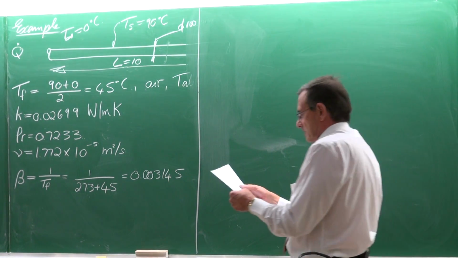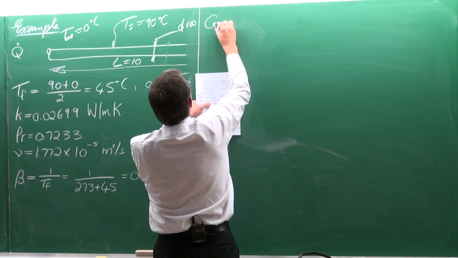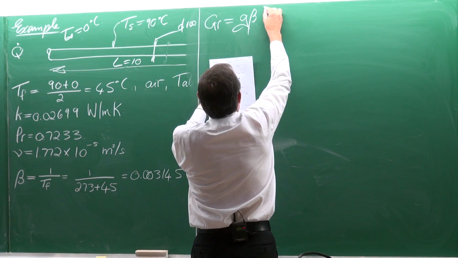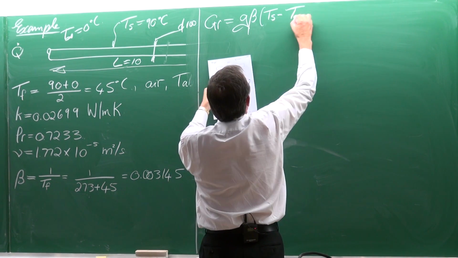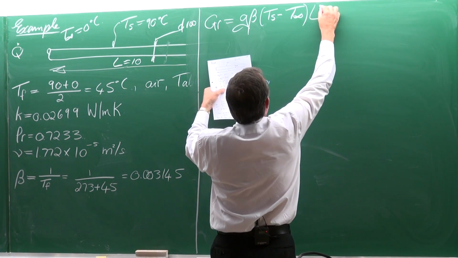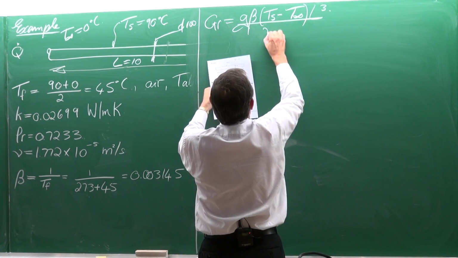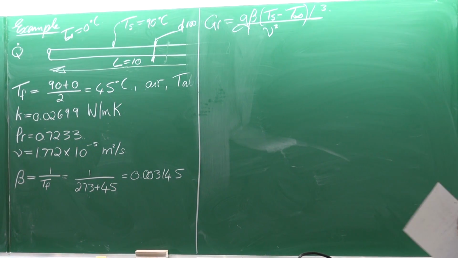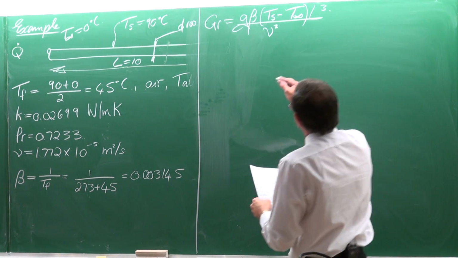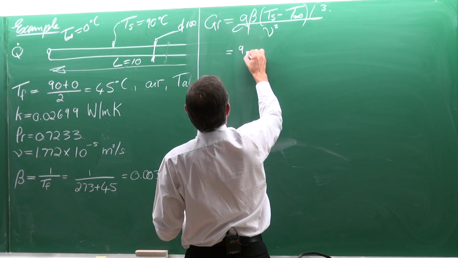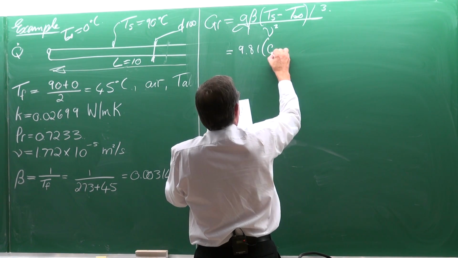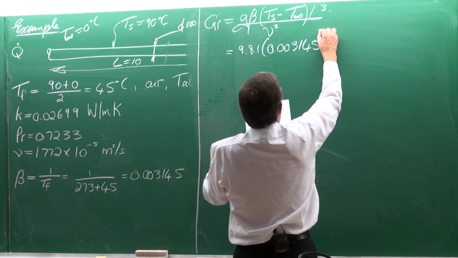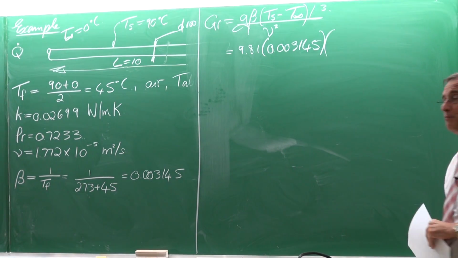Okay. So let's calculate the Grashof number. The Grashof number is equal to G multiplied by beta, Ts minus T infinite, multiplied by L to the third divided by the kinematic viscosity squared. So everything is here. Let's calculate it. It's 9.81 multiplied by beta, 0.003145, multiplied by the temperature difference.